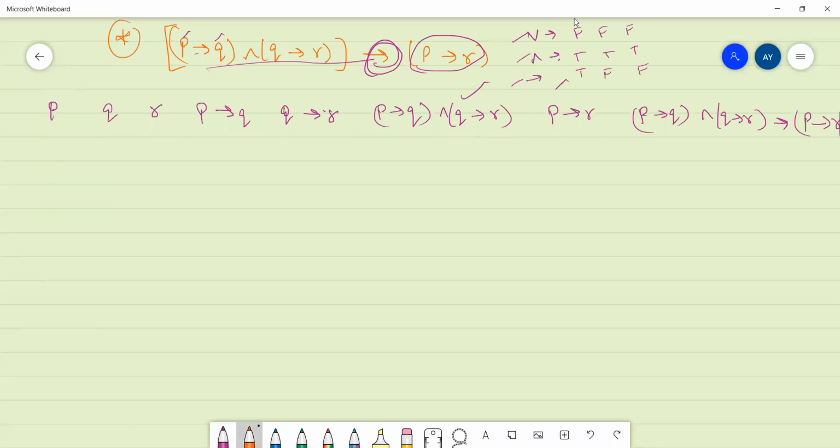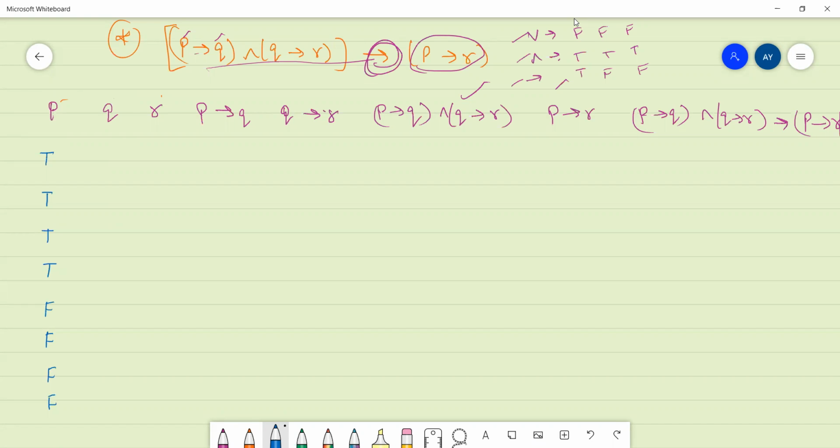Now, as we are talking about P, Q, and R, what do we have to take? We have to take all 4 truths and 4 falses. So true, true, true, true, and false, false, false, false.